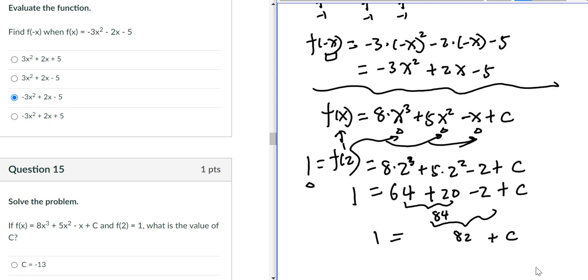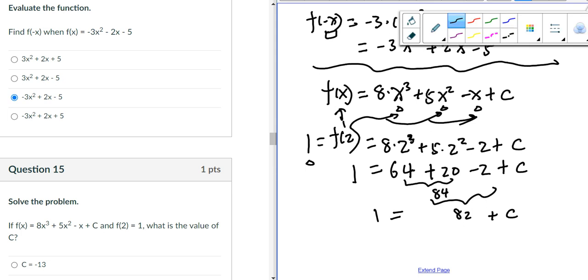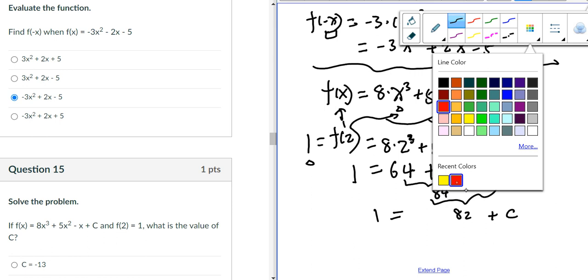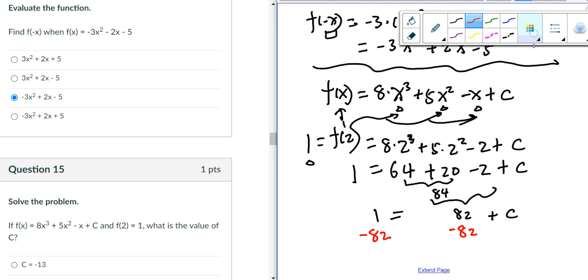So we keep going. And we want to get a different color, red. Minus 82 on both sides. What do we get? Go back to the black color.